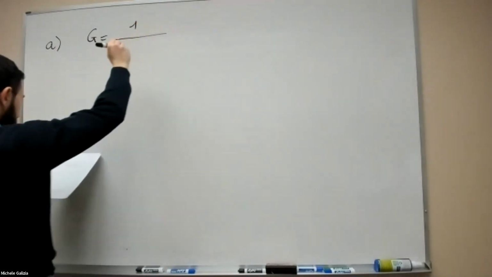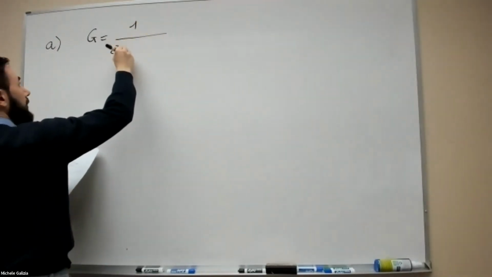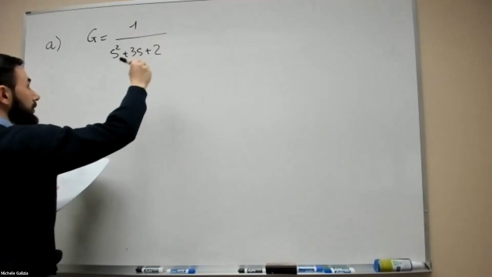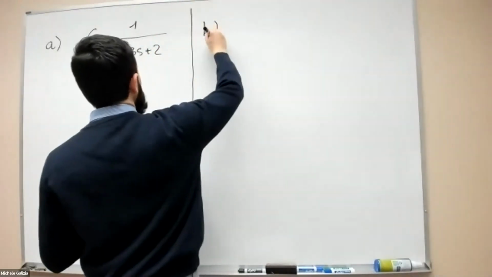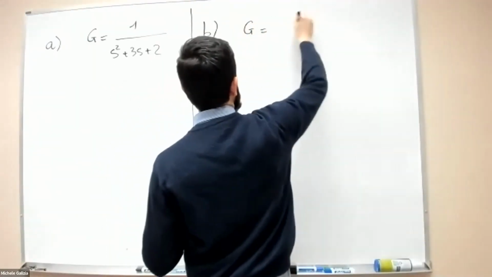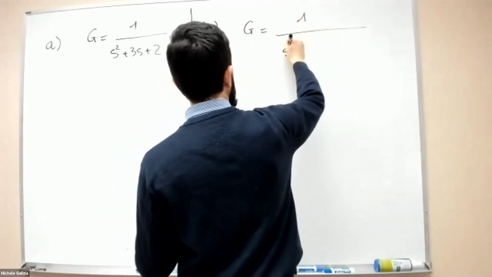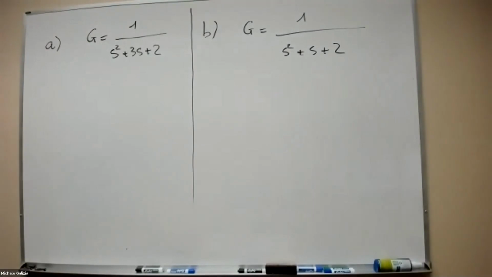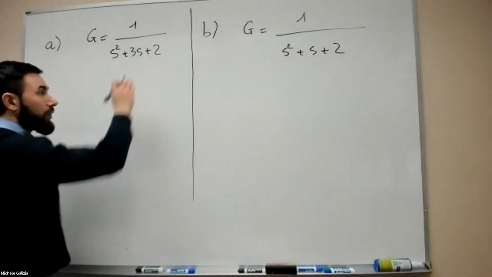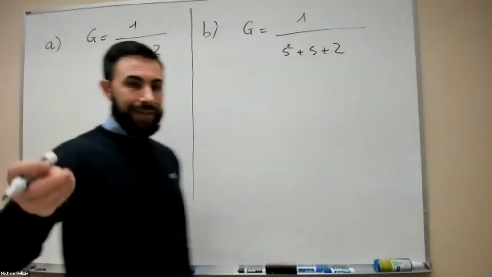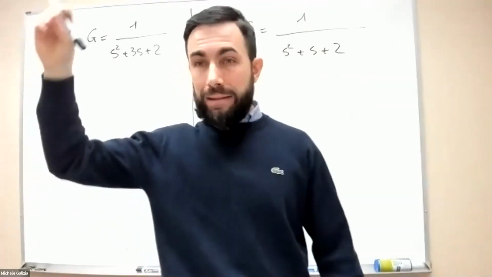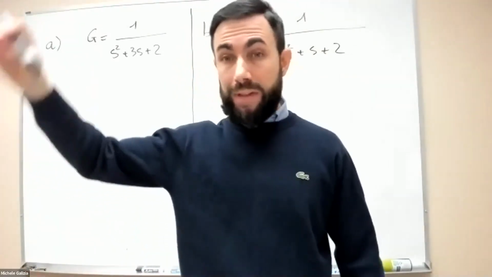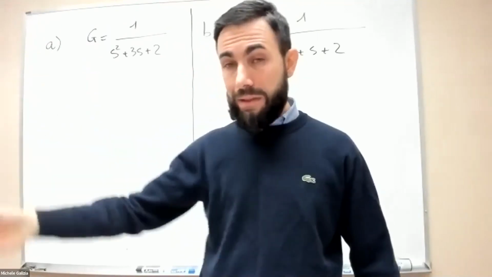The first system is represented by this transfer function. The second system is represented by this transfer function. Which of these second order systems represents physically the series of two first order non-interacting systems?